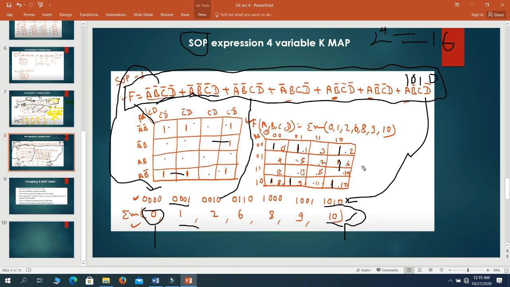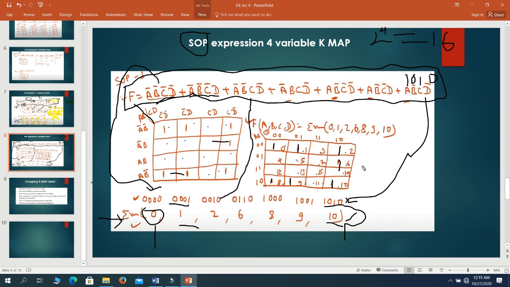What should be the exact word? I should say the first step is to find out the binary equivalent of the given function. Then from the binary equivalent, try to find out the decimal equivalent. It is particularly helpful for finding out the minterms. So as you can see in this line, we have figured out the minterms.